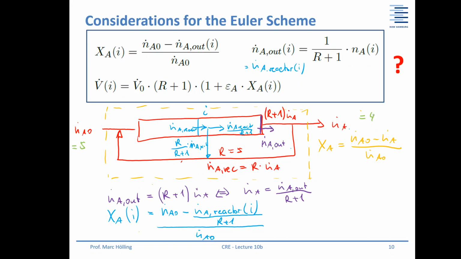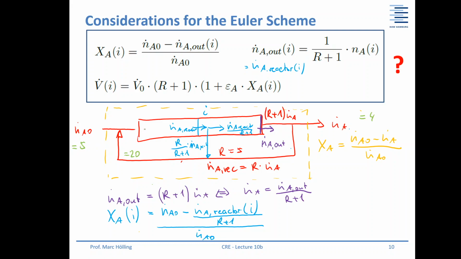But then you have a recycle ratio of 5. This means you have 20 going back, and then inside the reactor you have really big values. So your mole flow at the inlet should be like 25 or whatsoever.